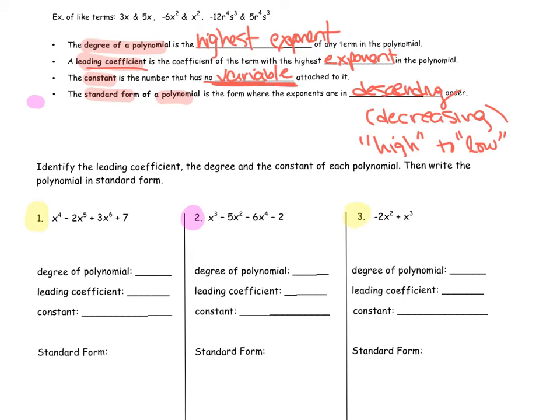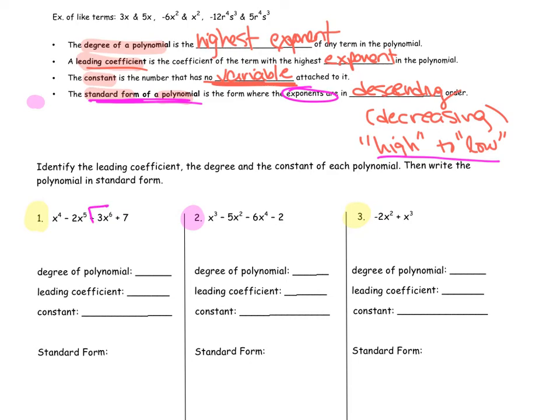Okay, so for the first one, we want to make sure these are always written in standard form. Again, standard form is from highest to lowest of the exponents, not the numbers, the exponents. So these exponents need to be from high to low. Right now, I don't see it going from high to low. I see it going from 4, 5 to 6. So we need to rearrange this.